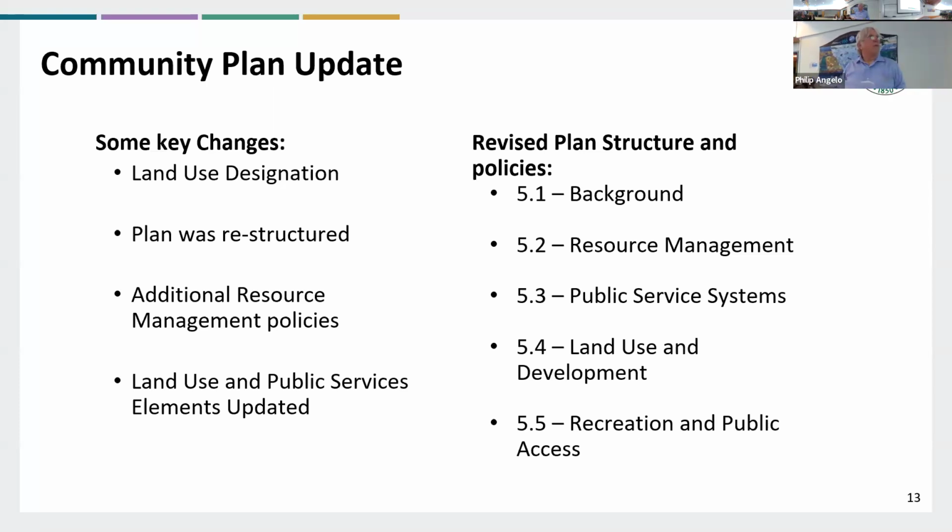We have a resource management section, 5.2, which is newly created, and that incorporates topics of visual resources, environmentally sensitive habitat, cultural resources, water resources, and climate change hazards. The 1982 plan sections on circulation and wastewater are now addressed as part of a public services systems element, section 5.3. And so, again, we're updating all those policies in the plan. And I'm going to turn it back over to Phil.